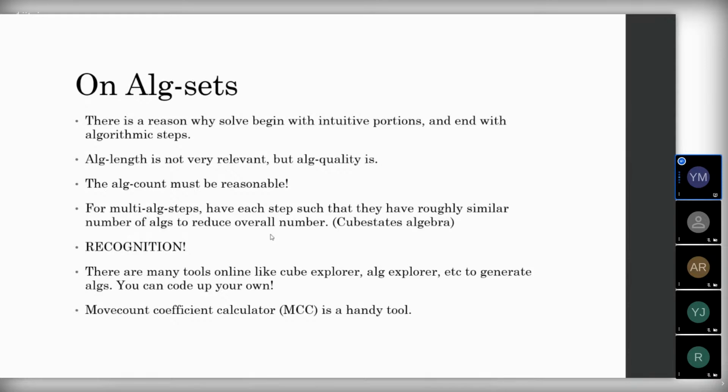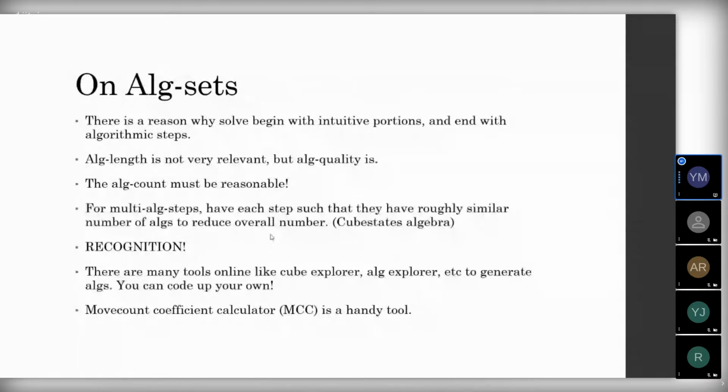And then finally, if you want to compare two algorithms among each other, then obviously what you can do is spam that algorithm on the cube multiple times and time yourself. Or you can use something called the move count coefficient calculator. One of the Mehta developers other than myself, Vincent Prang, came up with this while we were developing the Mehta method.